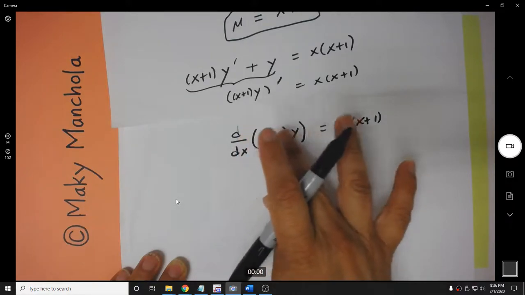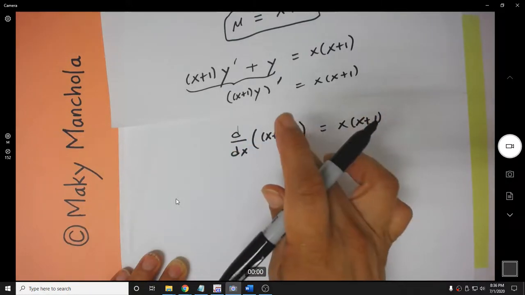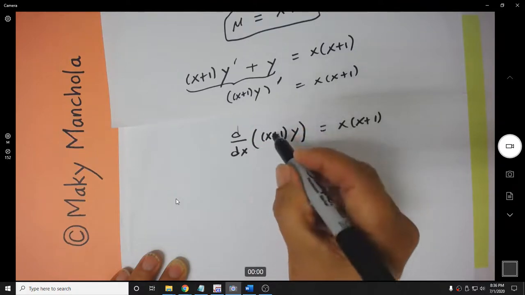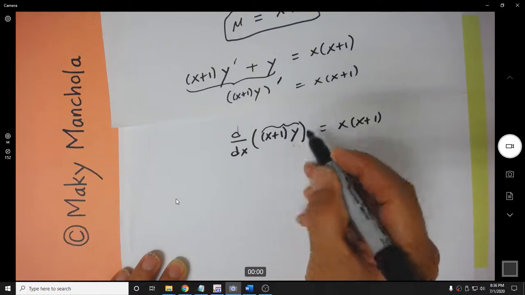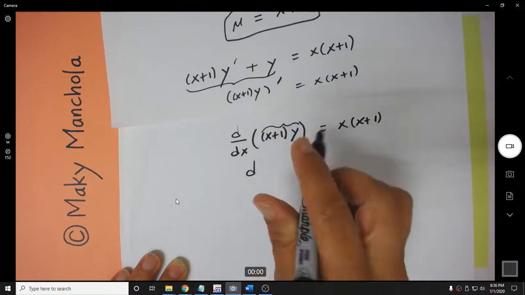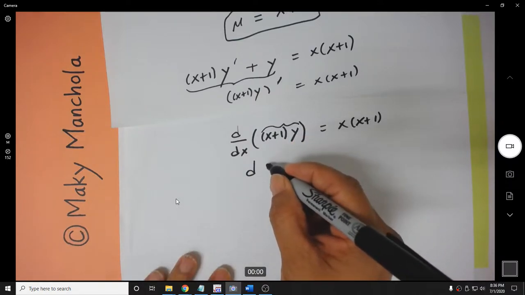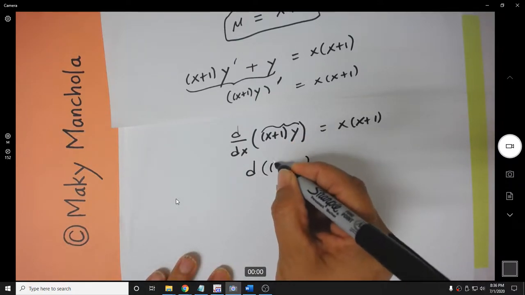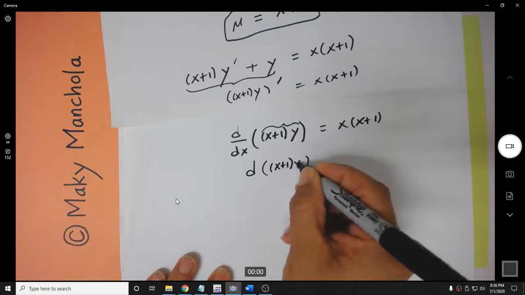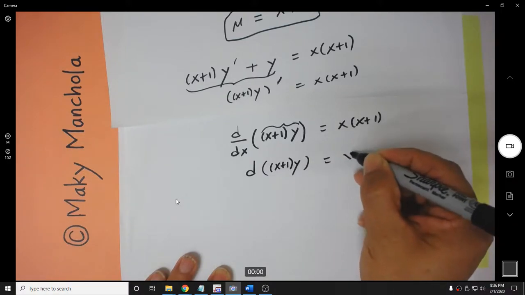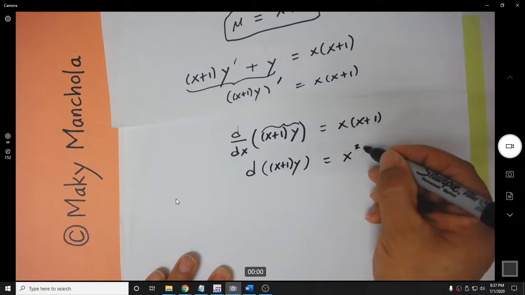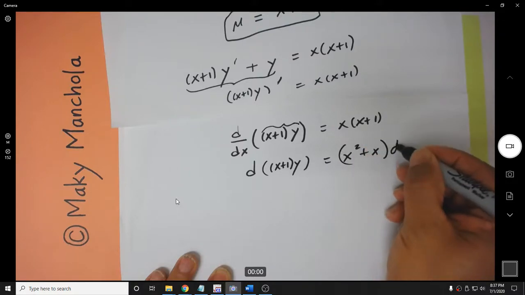This is mu y. You can view this as a single variable. So you view this as d of x plus 1 y as a single variable equals x squared plus x dx.